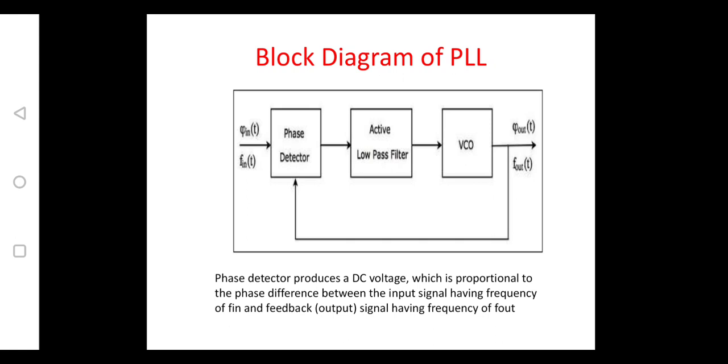The voltage of a VCO is directly proportional to the input, which means it may increase or decrease the frequency depending upon the DC level of the low pass filter.